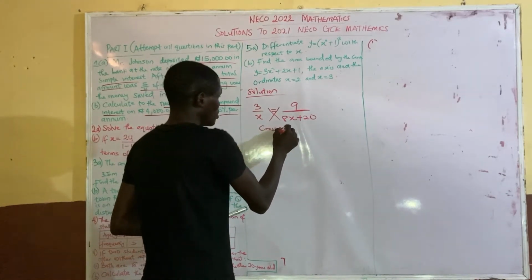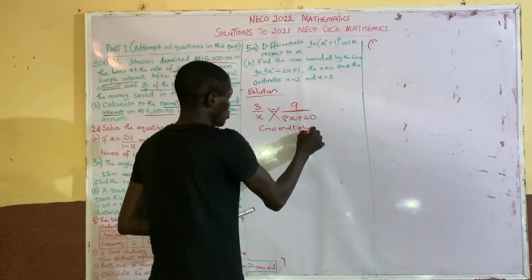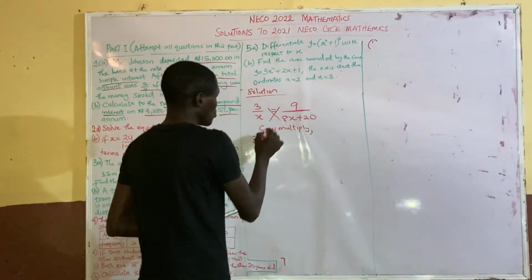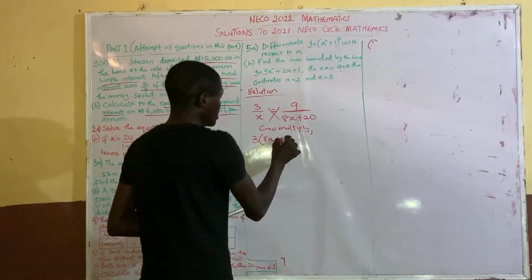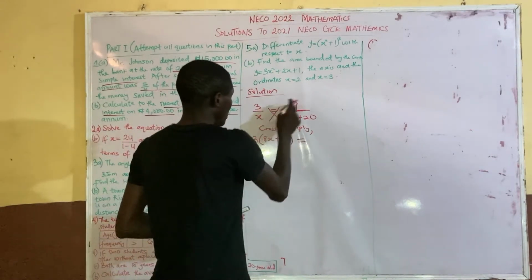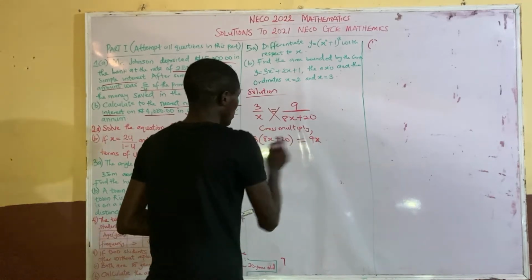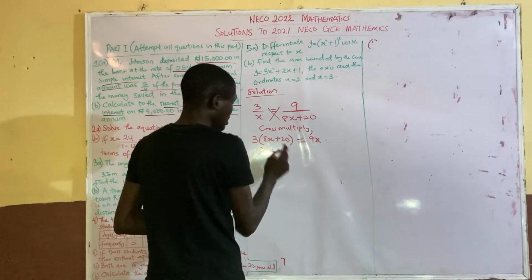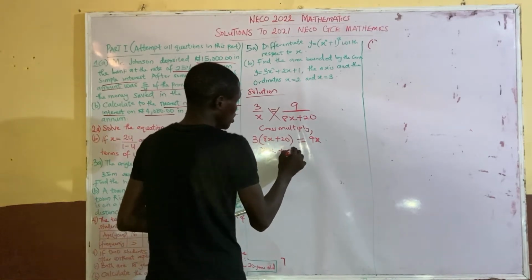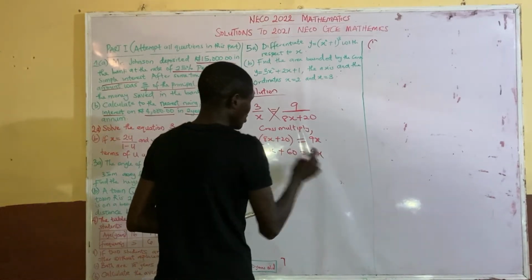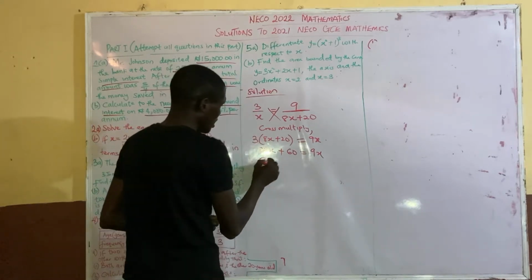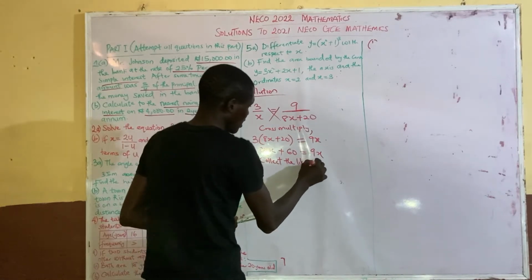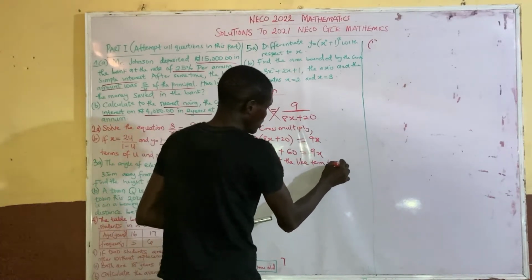We have 3 into bracket 8x plus 20, 9 times x, we have 9x. So we have 3 times 8 is 24x plus 3 times 20 is 60 equal to 9x. Now you collect the like terms.